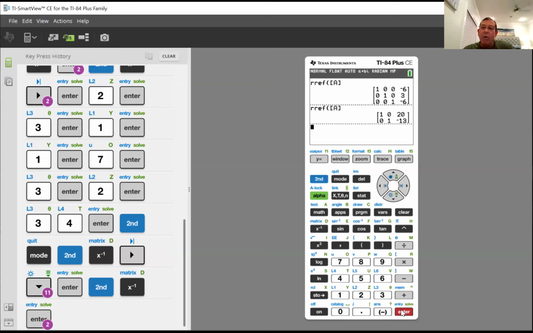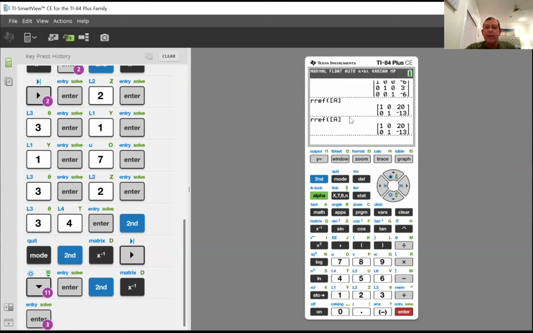Now remember, it will want the larger number, which was my 20, and then the smaller number was my negative 13. Alrighty, y'all. So, whoops, I guess hit enter again.